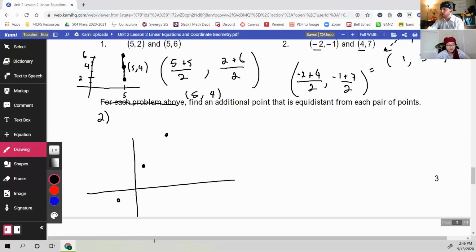Because if I have a point that is equidistant, I'm going to call this point A and this point B. If we have A and B, and we have this M here, then we want to see what could be in between, but still equidistant. Perhaps we could construct a line.